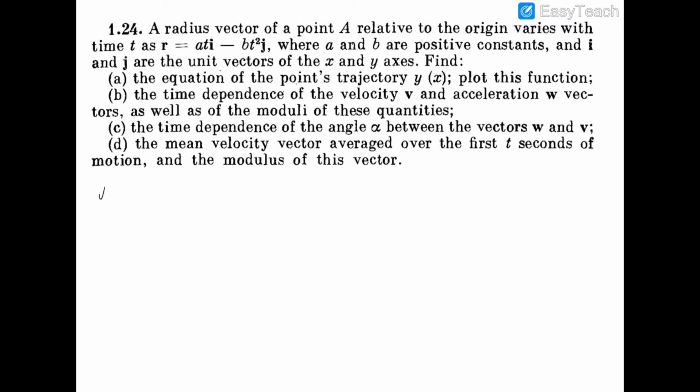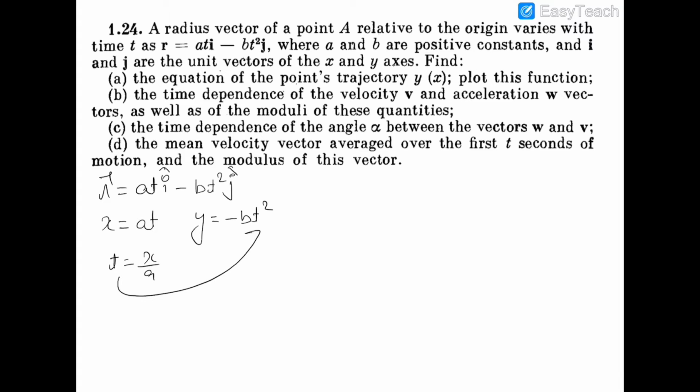So we know that r is equal to a t i cap minus b t square j cap. So x is equal to at and y is equal to minus bt square. So time is equal to x upon a.